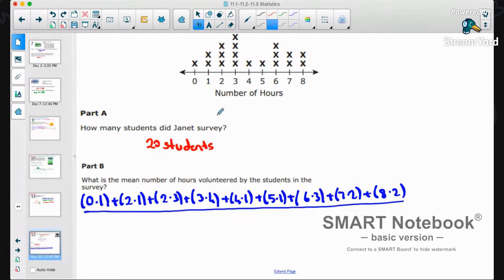After that, divide by the number of students. The number of students is 20. Remember that we are looking for the mean number of hours by students. This is so important. So that's why I am dividing by 20.